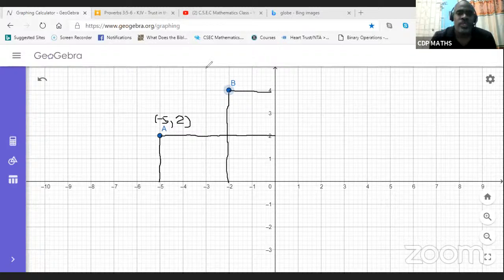And we can also write that. So if you have your graph sheet, you can plot the points on your graph sheet.